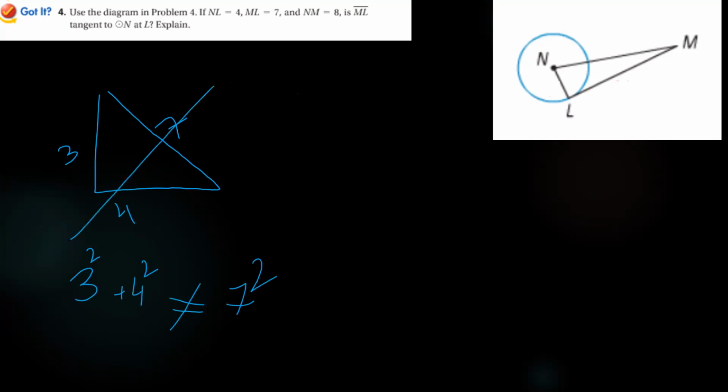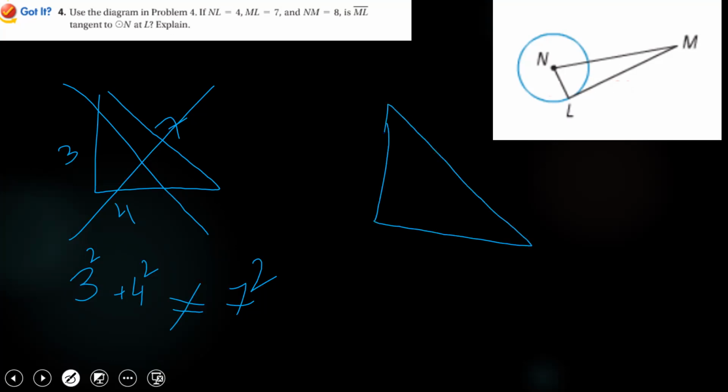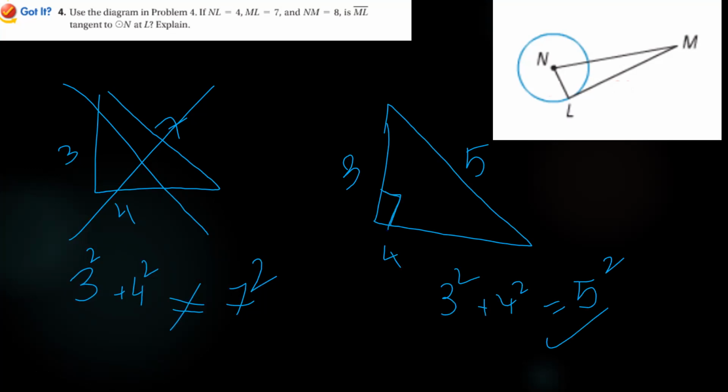So this is not a right triangle, and since it is not a right triangle, I will not say this is perpendicular. But if I have a triangle like this, and 3 squared plus 4 squared equals 5 squared, this is true. So that means it is perpendicular.